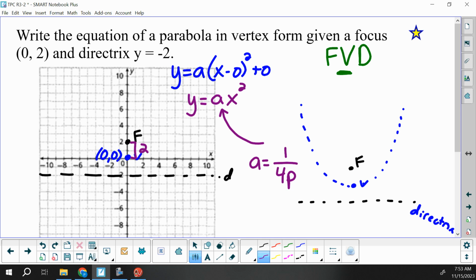Now direction matters. If you go from the vertex up to the focus, P would be a positive 2. If you go from the vertex down to the focus, P would then be a negative number. So if P is 2 in this case, 2 times 4 will just give us 8 for the denominator. So that means our a value is just going to be 1/8. So our final equation for this will be y equals 1/8 x squared.